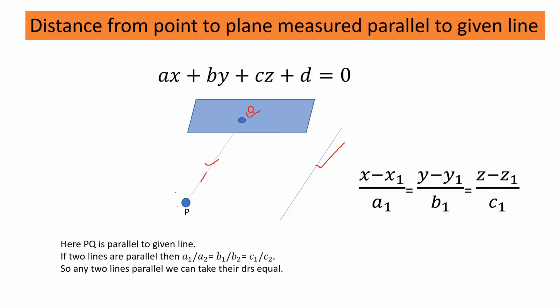Any point is in terms of t. To get the t value, we put Q in the plane equation. Why? Because Q lies on the plane. Then you can find the t value, so you can get Q, and then you find the distance PQ. That is the required distance from the point to the plane measured parallel to the given line.